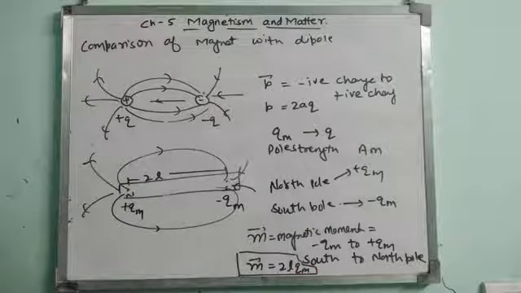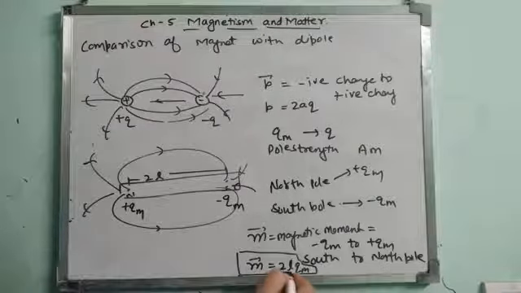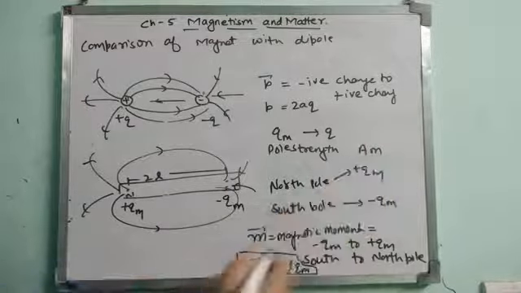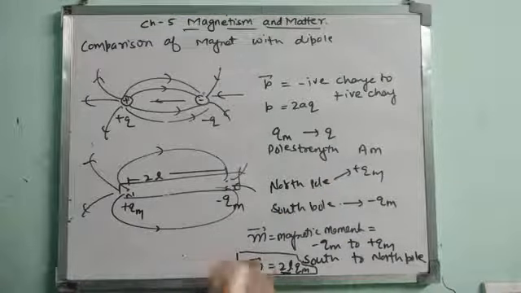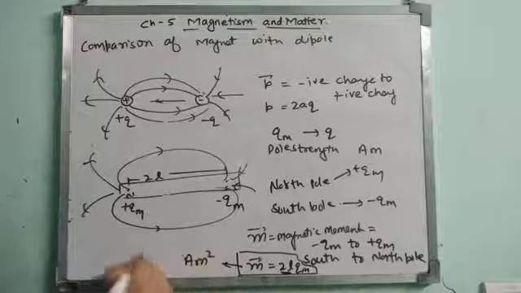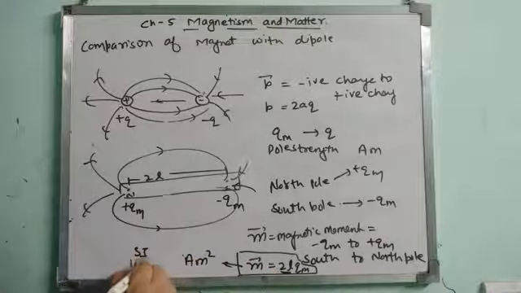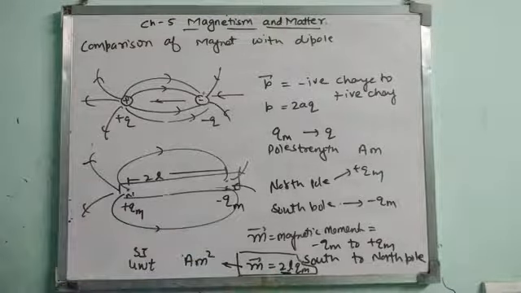The SI unit of magnetic moment: 2l is a length, which has unit meter, and qm has unit ampere meter. So the SI unit of magnetic moment is ampere meter square. This is the magnetic moment of a bar magnet and has direction from south pole to north pole.